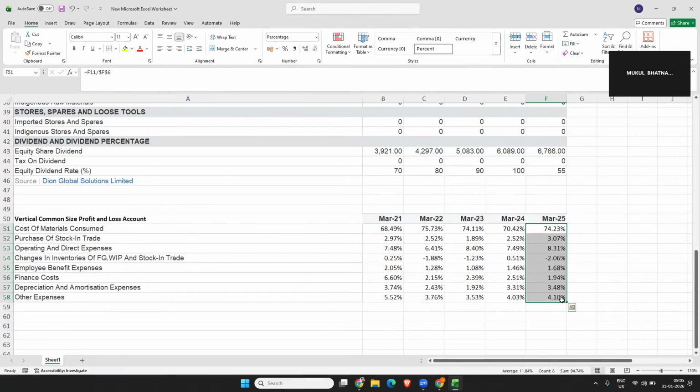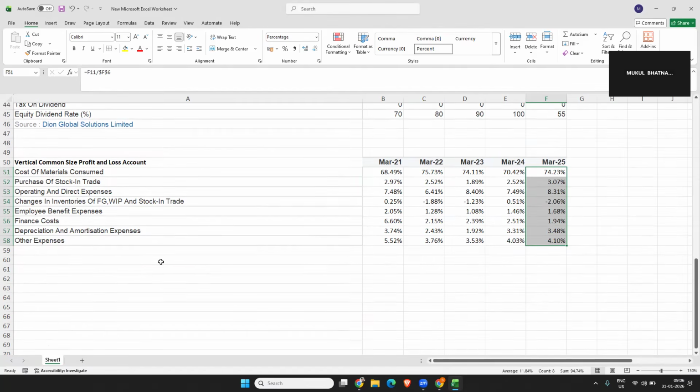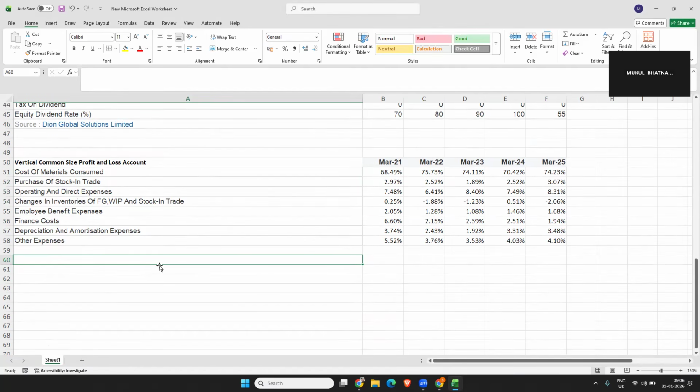After you are done with this vertical common size profit and loss account, it is necessary that we calculate two more things. The one is profitability margins and another is some leverage ratios. So I'm writing here profitability margins.